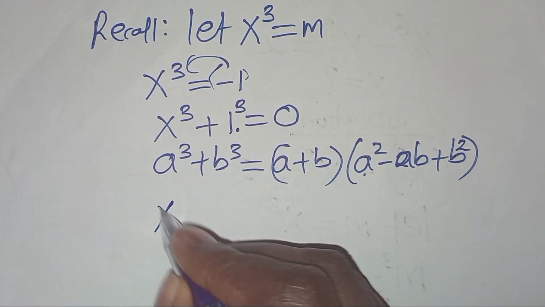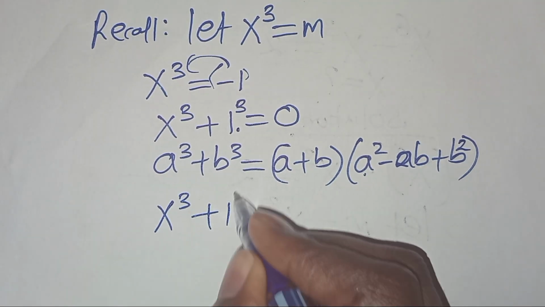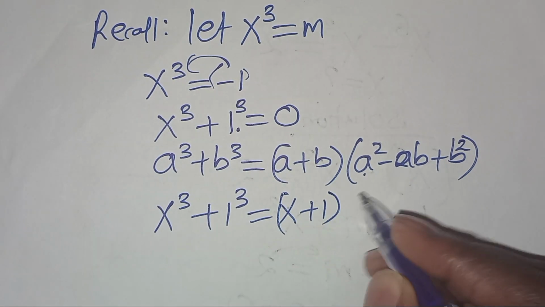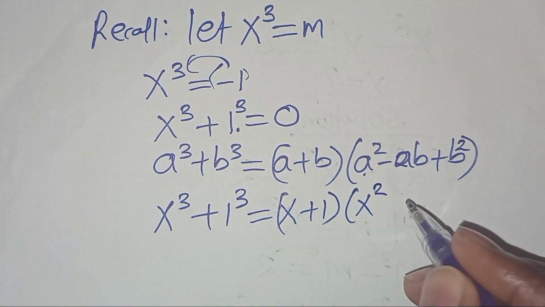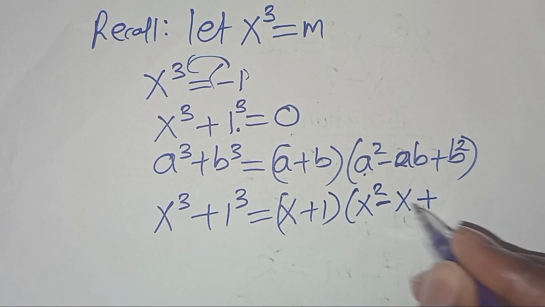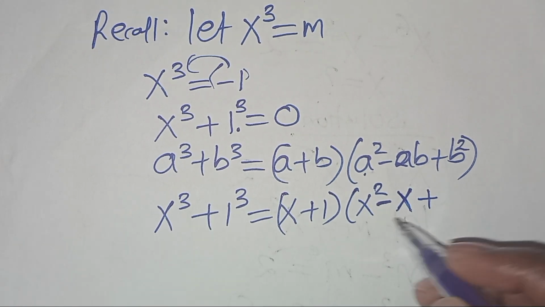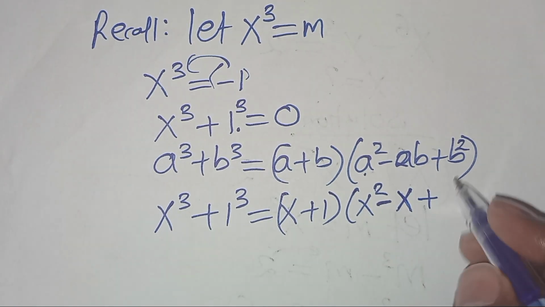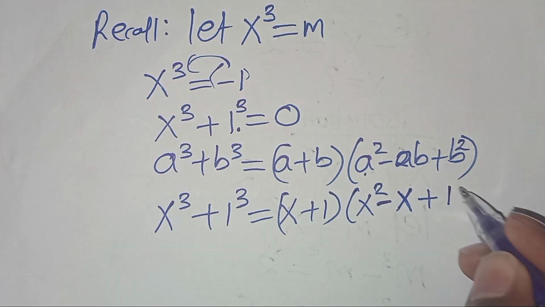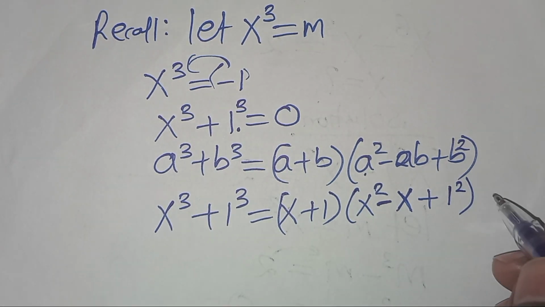Now this implies that x to power 3 plus 1 to power 3, this is equal to x plus 1, here we'll have x squared subtract x plus 1 squared. This is equal to 0.